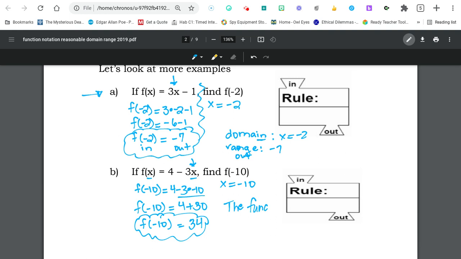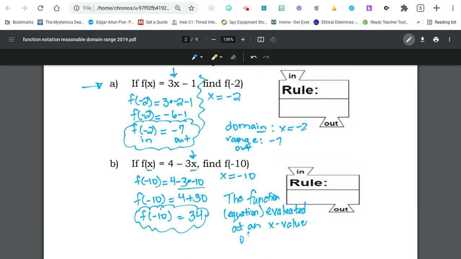The function, and the function is just the equation, guys, evaluated at an x value of negative 10 equals 34.